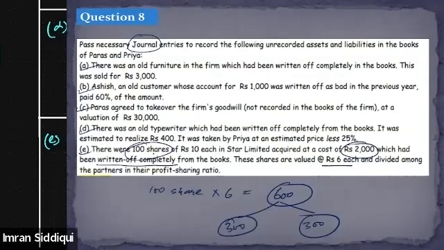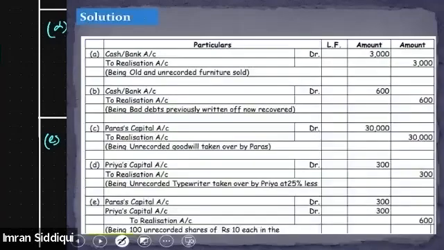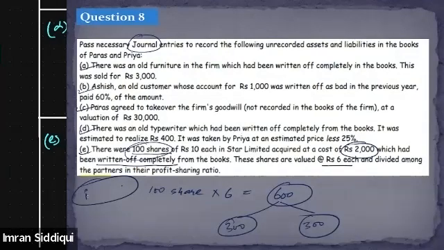See, these shares are what? Shares are assets. This is basically an investment. The firm had earlier purchased 100 shares, so shares are a kind of investment. So what the question is trying to tell you is that this investment of 100 shares, whose realizable value is 600, is being taken over by partners in their profit sharing ratio.